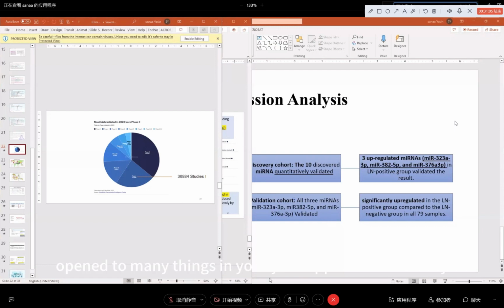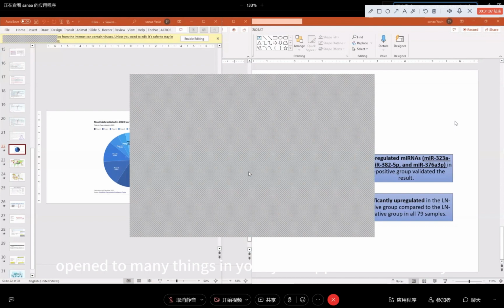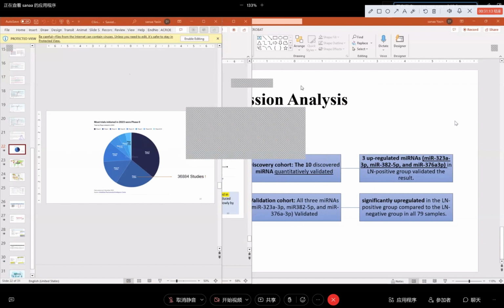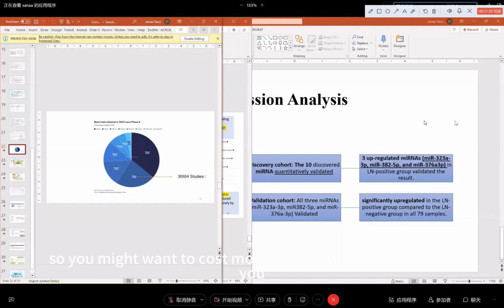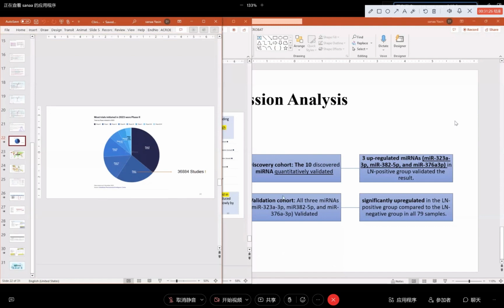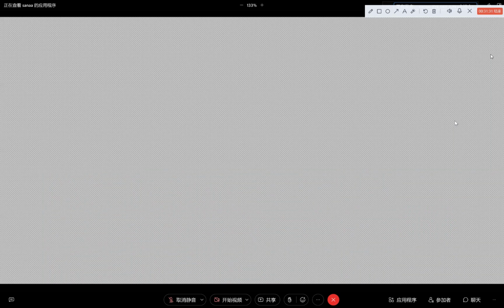You must have opened too many things, and your application might have hung. A gentle reminder to everybody, WebEx takes a lot of resources, so you might want to close most of your applications before you start sharing. Sana, do you want me to share the slide?